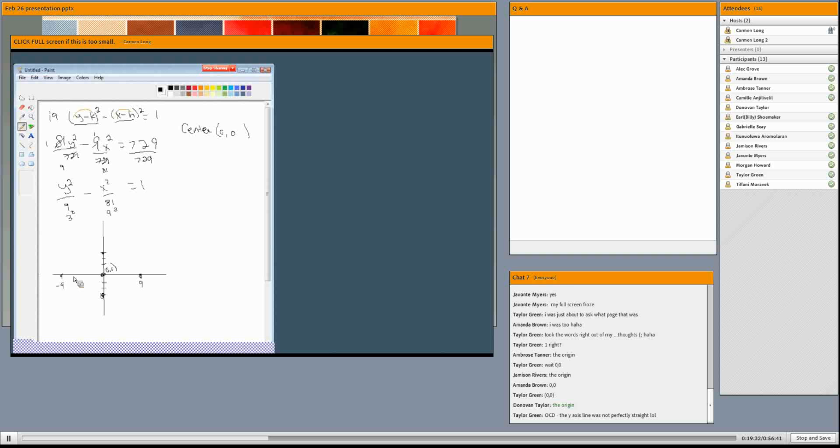I know this thing opens this way. Even though it's not bigger, it doesn't matter. Because y is first, I know my general shape of this looks like that. So my focus points is on the inside here and here.